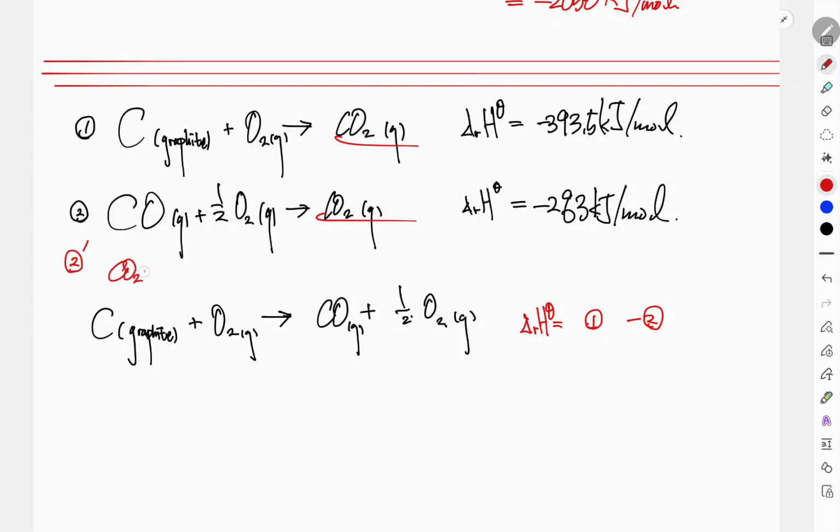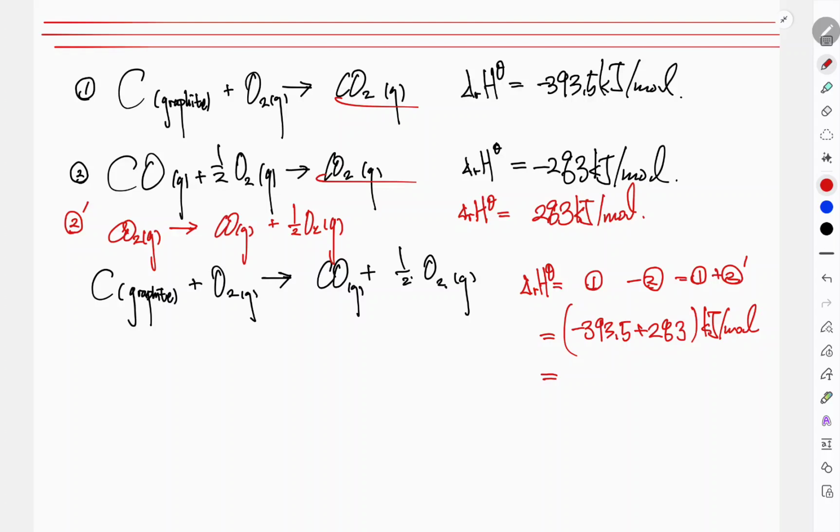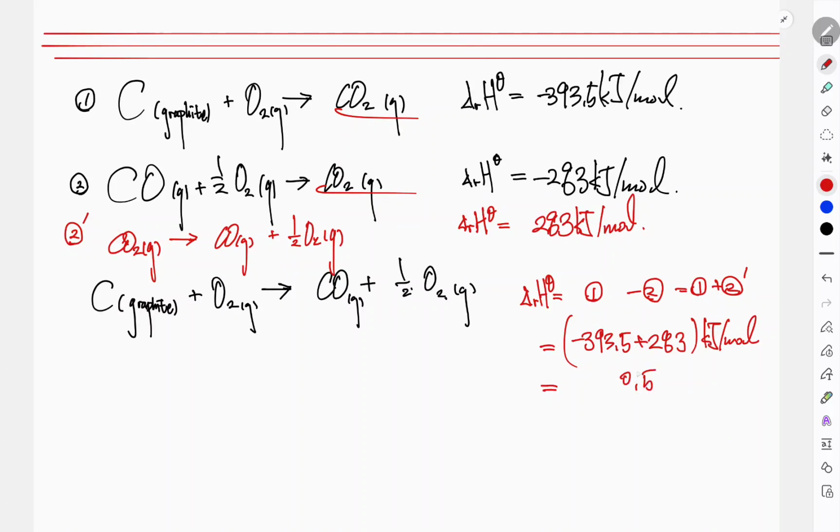Like this. Then if we add the first one and the reverse of the second one, CO2 will be removed, leaving the species that we would like to know, something like this.